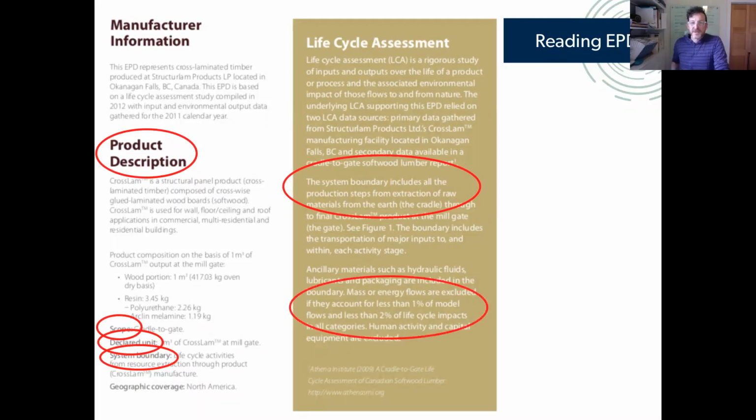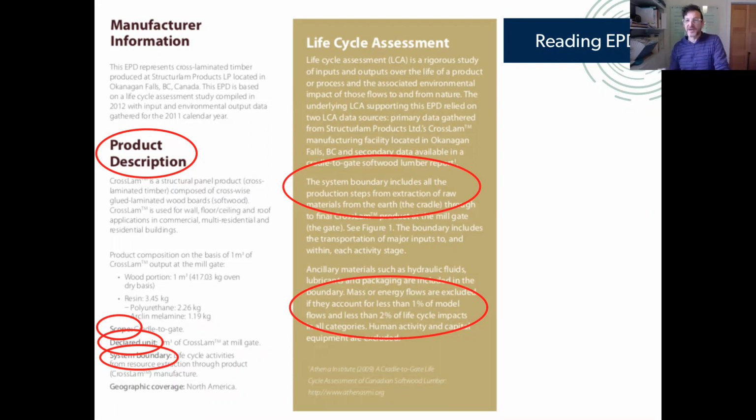Also, there's a bit of a disclaimer here that they're excluding any material or energy flows that are just a small percentage of what goes into the whole system. So, for example, if you have a machine that uses electricity to turn, but every 6 months you have to put a squirt of oil in the bearings, they're probably not counting the oil, but they're counting the electricity.